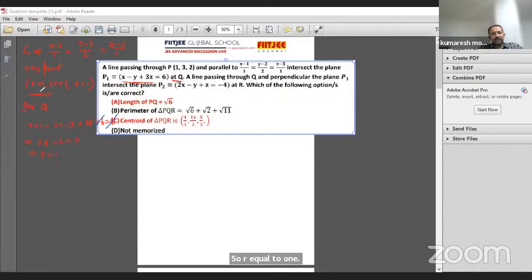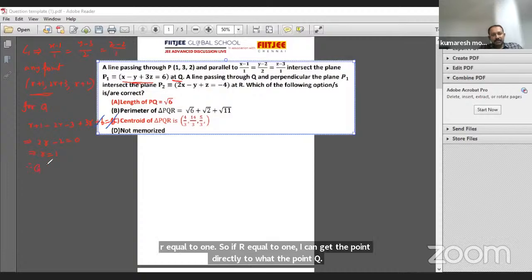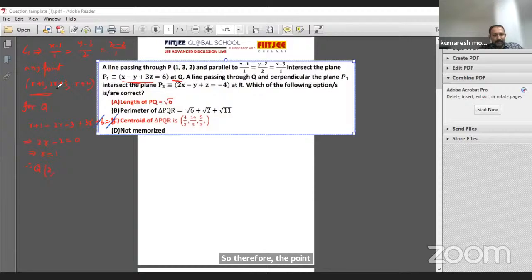If r equal to 1, I can get the point Q directly. Put r equal to 1: so 2 into 1, 2 plus 3 is 5, and r plus 2 is 1 plus 2, which is 3. So we can get the point Q directly from this part.